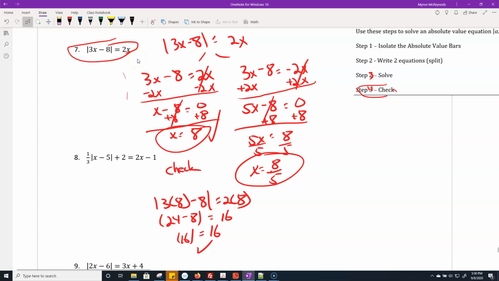Oh, we were checking over here. And so now I'm going to check this one. 8 over 5. It'll be a little tougher to check. So we got 3 times 8 over 5. And that's the absolute value of 3 times 8 over 5 minus 8 is equal to 2 times 8 over 5.